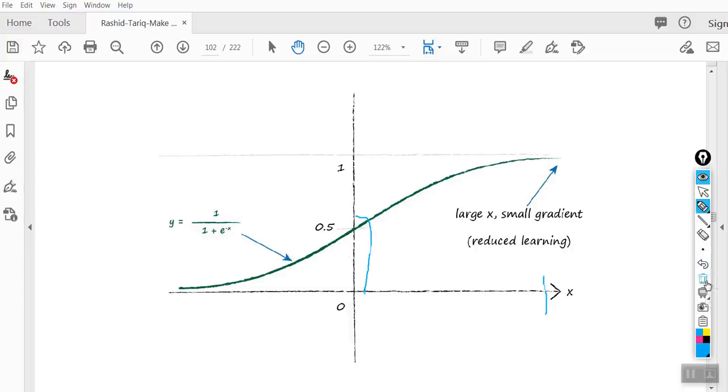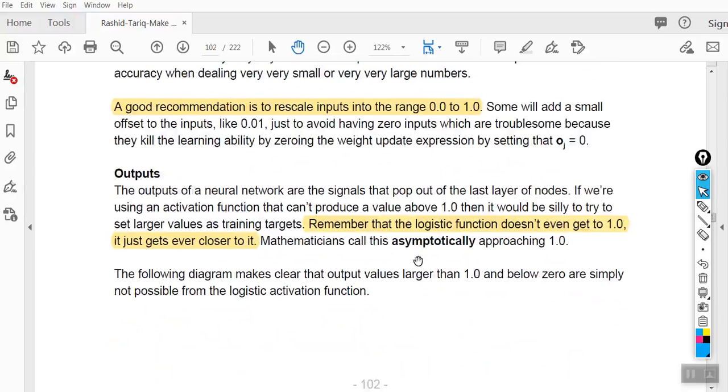Okay, then this sigmoid function gives us smooth input according to this equation, and also the output is between 0 and 1. Then we normalize x to this area.